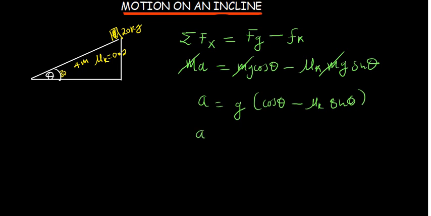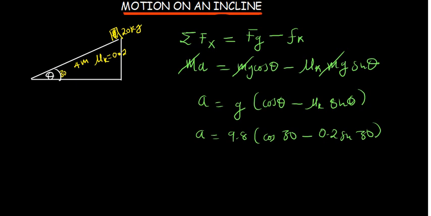So the acceleration is going to be g, 9.8, times cos of the angle theta, 30, minus mu k, 0.2, times sin of the angle 30. Let's see what we get there. I'll start with what is inside, that is cos 30 minus 0.2 sin 30.